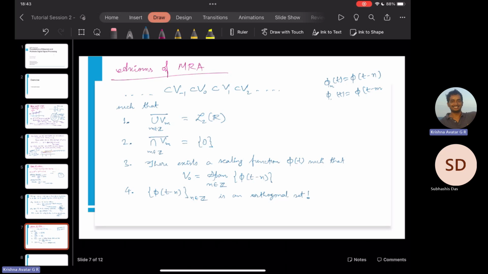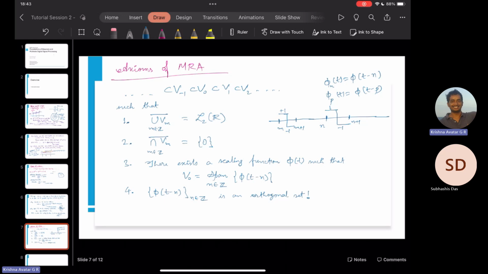Let's see, call it p, phi(t minus p). Then it so happens that this is for integer translates, right? So say this is our n, then let this be the signal, and this is n plus 1, right? Let this be 1 to minus 1. And likewise, let this be point m, and this is m plus 1. So the wavelet will look something like this, taking the values plus 1 and minus 1 like that, right?